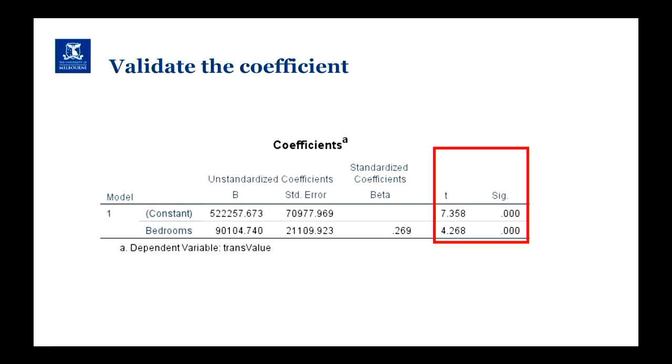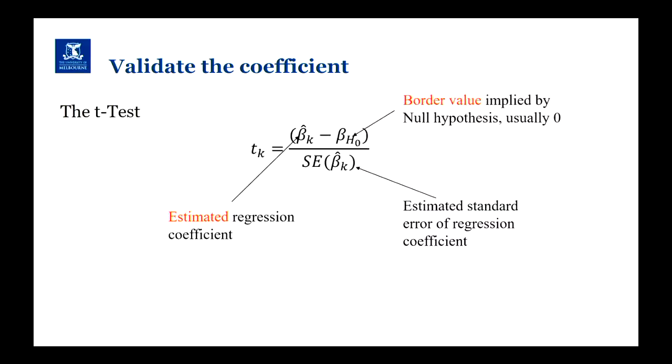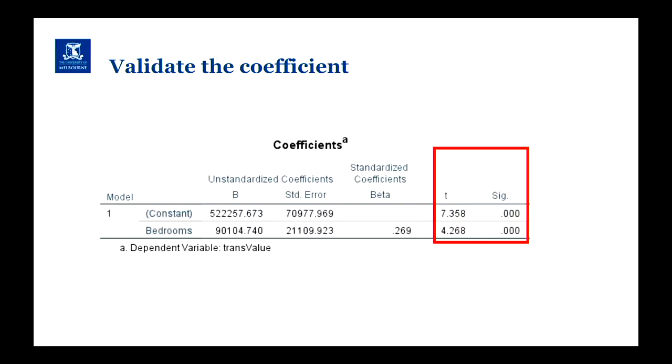And also in the regression model table, in the coefficients table, we have a column which indicates the t-values. So that's the t-value. So here we have two t-values.